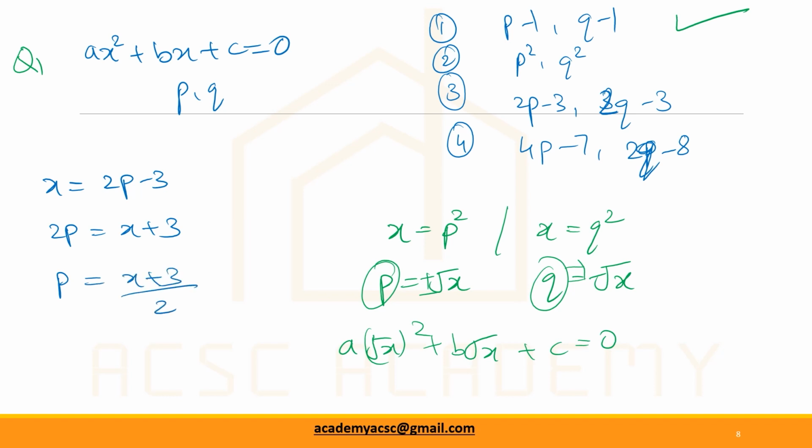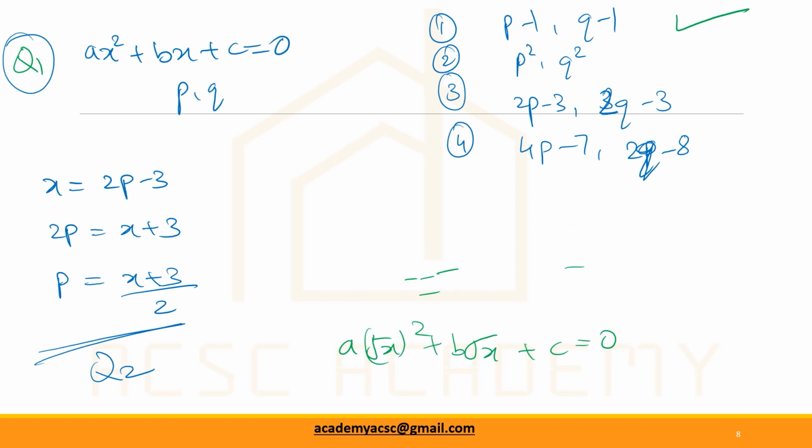Then we will substitute this value of p in our q1 and simplify that, as a result of which we will get q2. And again you will verify this using the traditional way if the q2 which you have got here is correct or not. So now the third one is also done.